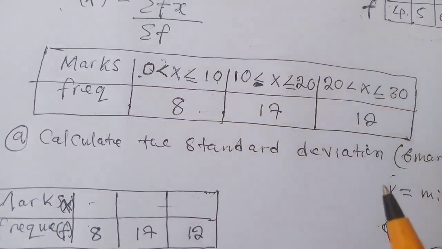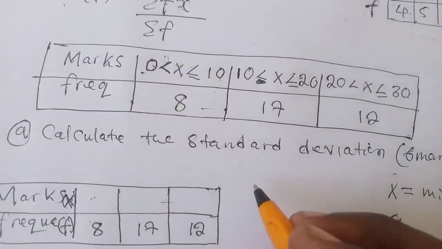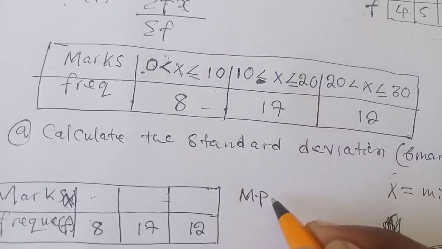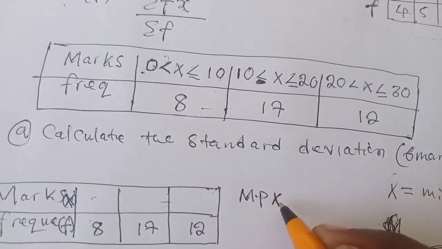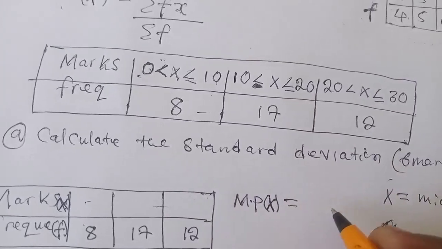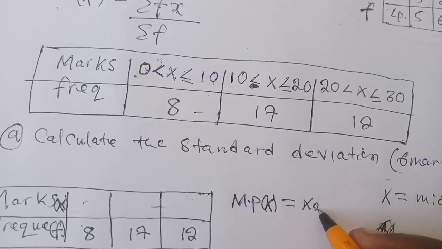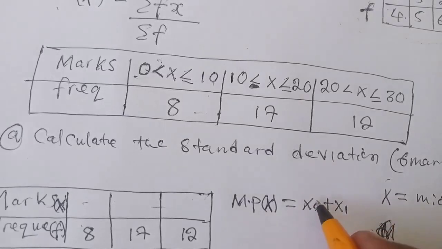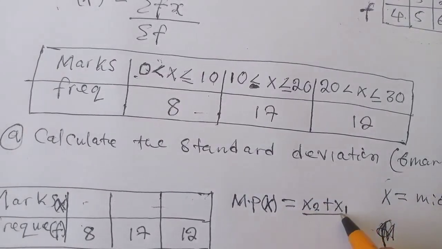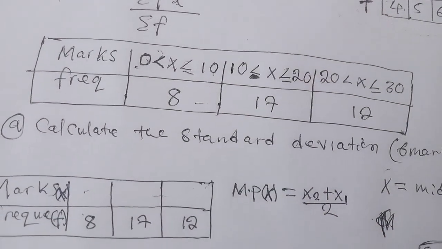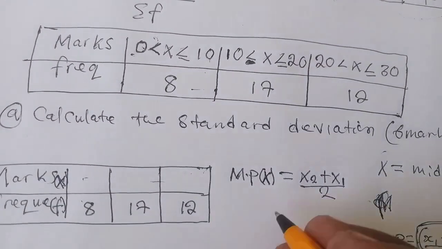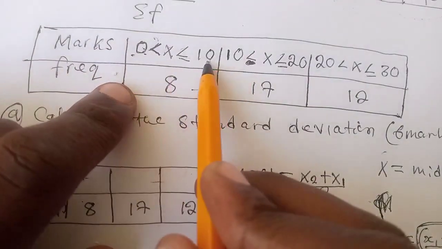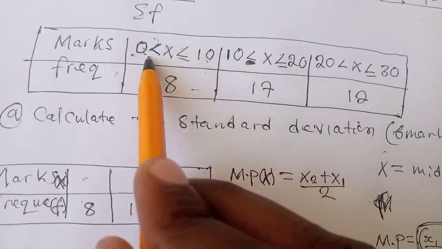So we said that the midpoint formula, x is equal to x1 plus x2, divided by 2, like that. I said that this is your x1, this is your x2.